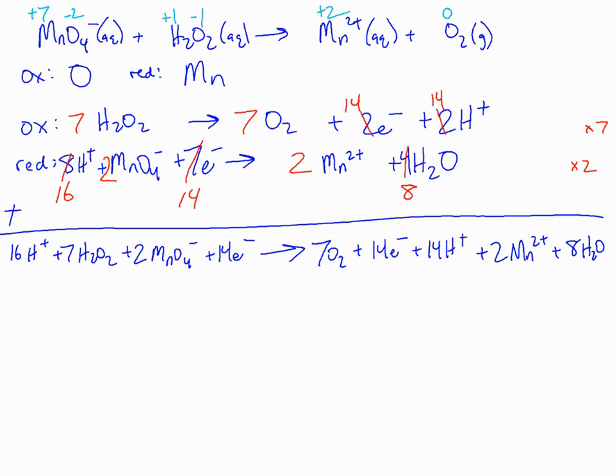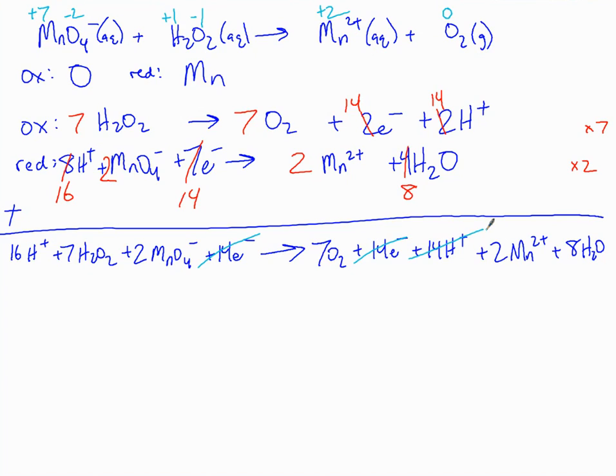So now we just need to cross some stuff out to get rid of it. So 14 electrons and 14 electrons, those ones definitely need to cancel out. If those two don't cancel out, then we did something wrong up here. Let's see, we've got 14 hydrogens and 16 hydrogens.